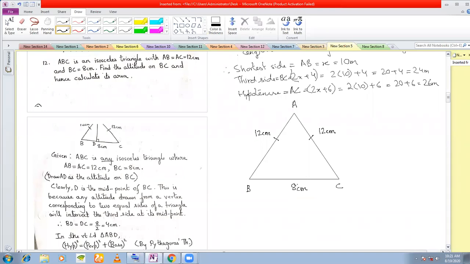Find the altitude on BC. What is the altitude on the side BC? Altitude on the side BC means from A, if you draw a perpendicular on BC, then this becomes your altitude on BC.